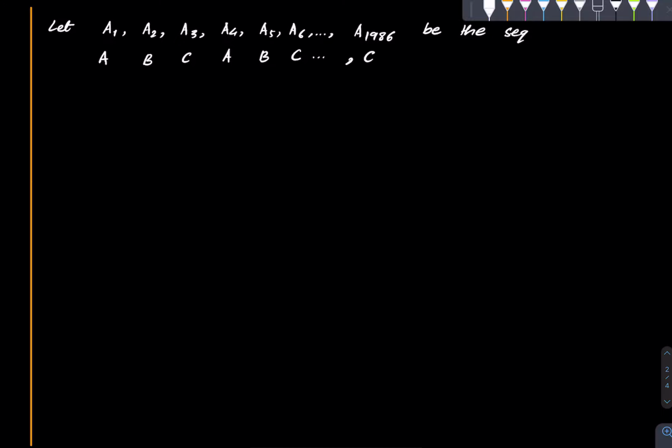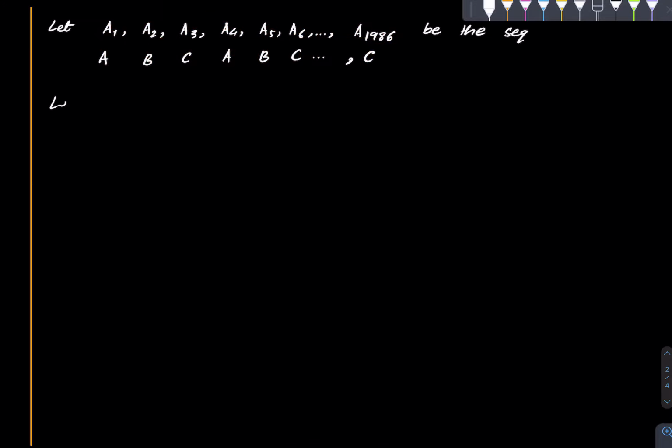Let A1, A2, A3, A4, A5, A6, and so on up to A1986 be the sequence A, B, C, A, B, C, and so on, ending at C. So basically all we have done is define A1 as A, A2 as B, A3 as C, then A4 as A, A5 as B, A6 as C, and then A7 as A, and so on, and you'll see that A1986 will be assigned C. Okay, so just some notation.